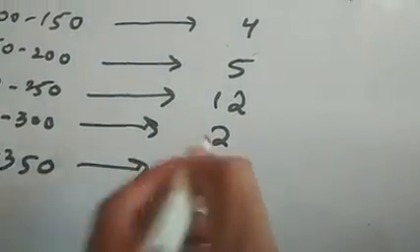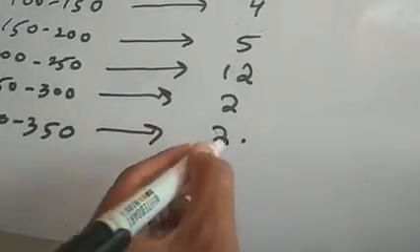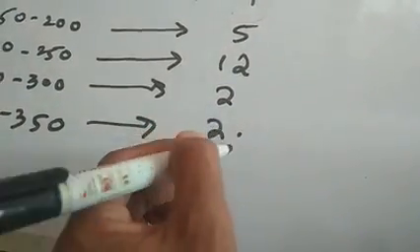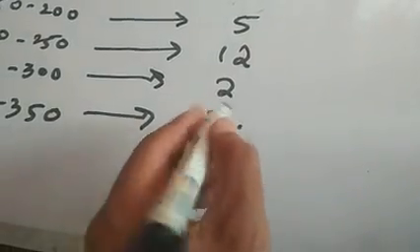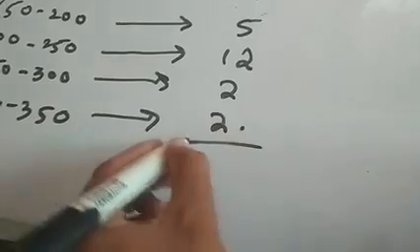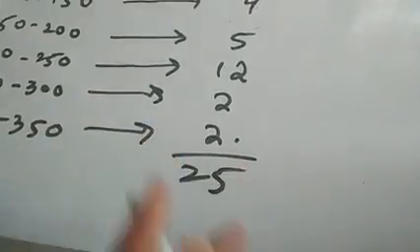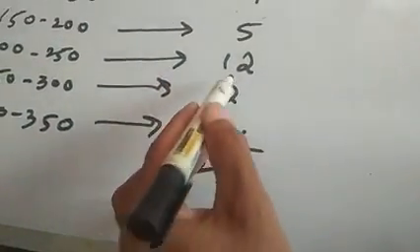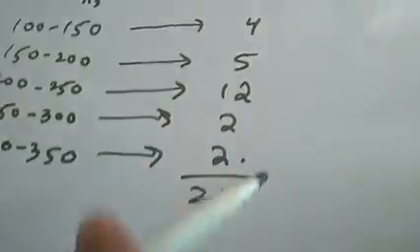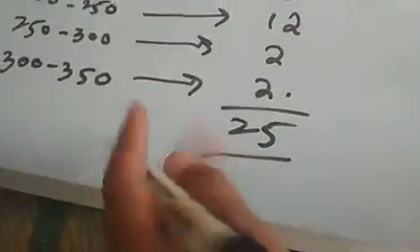So the total number of households is 25.